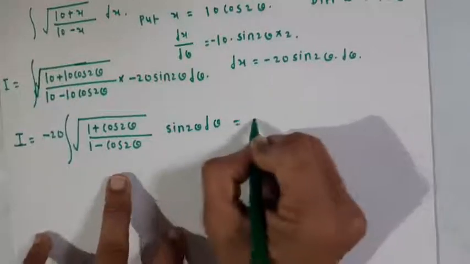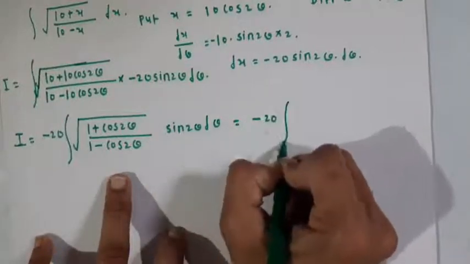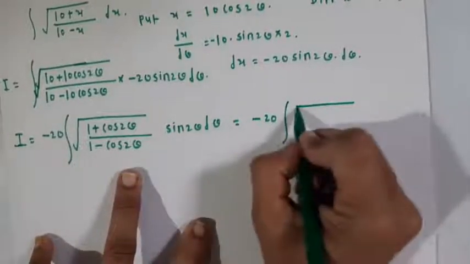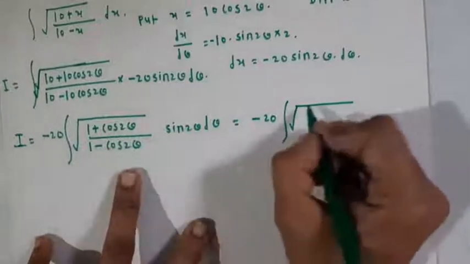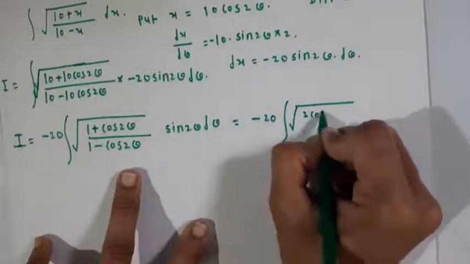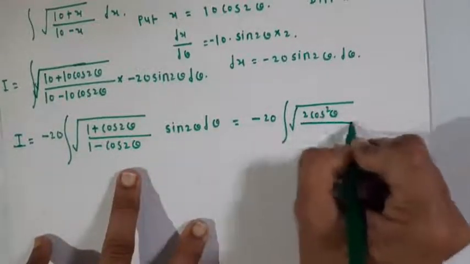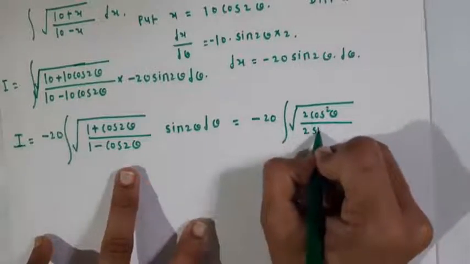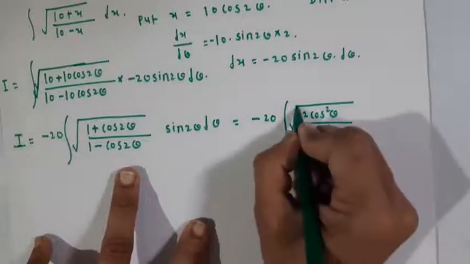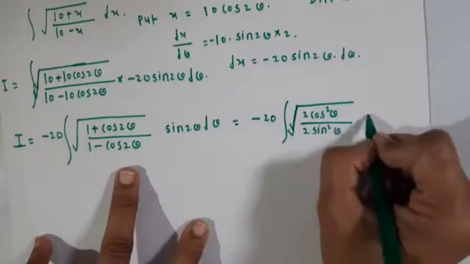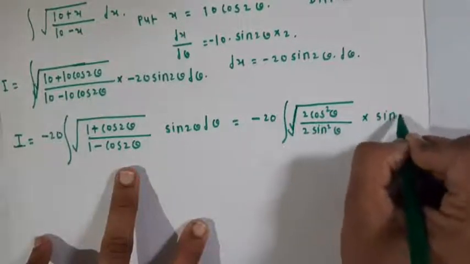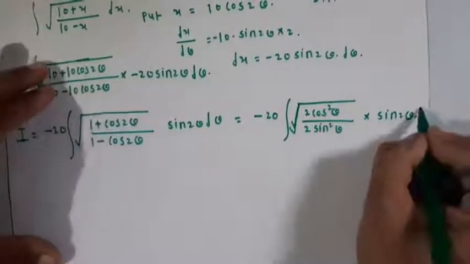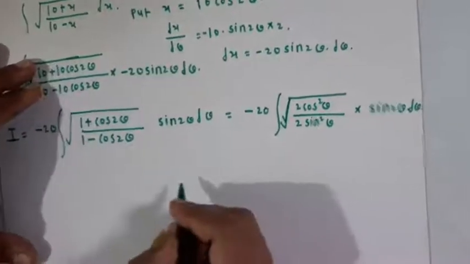But students, according to the formula, put the values. 1 plus cos of 2 theta is 2 cos square theta, and 1 minus cos of 2 theta is 2 sine square theta, into sine of 2 theta d theta.